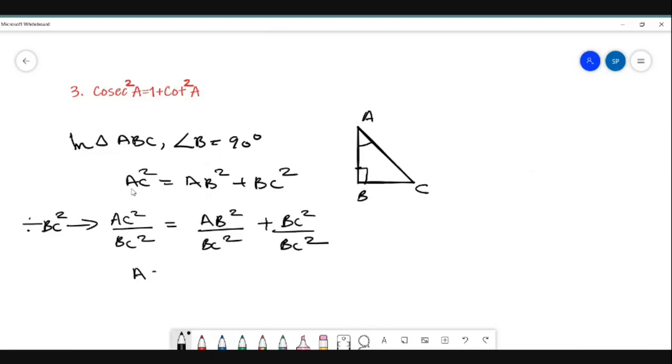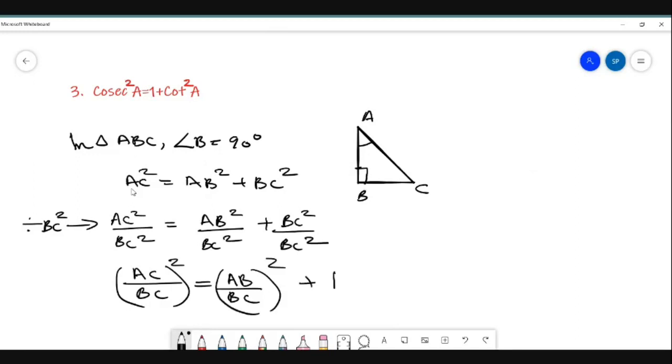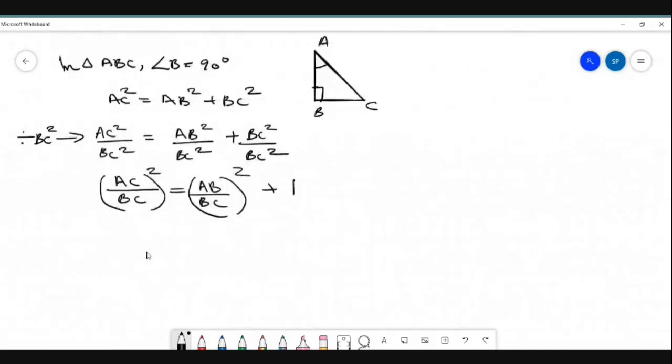We can write here (AC by BC) whole square equal to (AB by BC) whole square plus BC square by BC square, which is 1. Now, with respect to A, again we take AC.